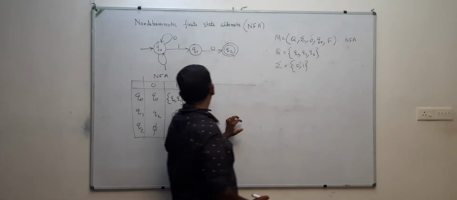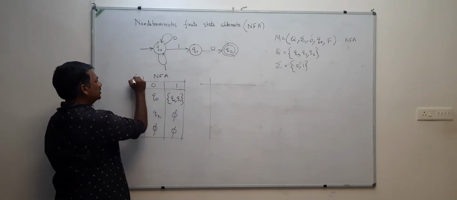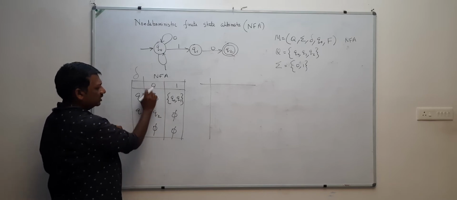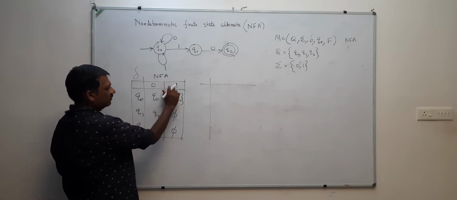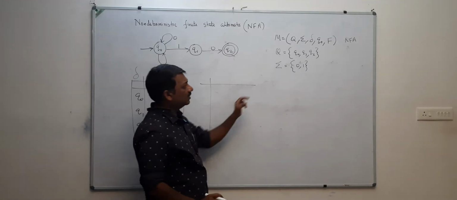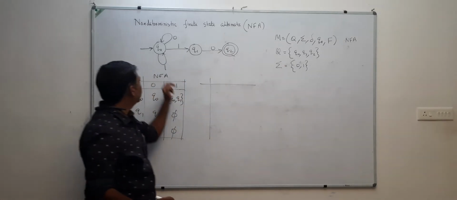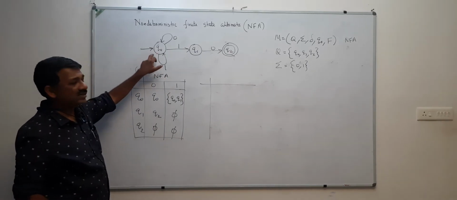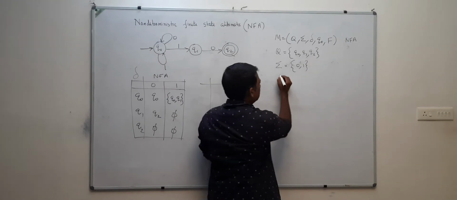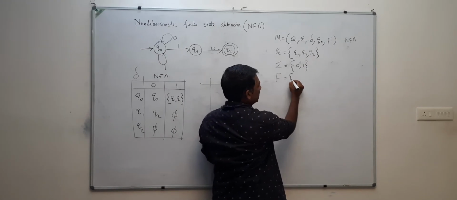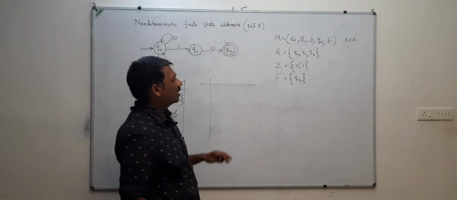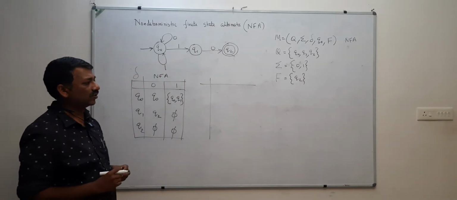And the transition function delta is defined by this: Q0 upon reading 0 is Q0, Q0 on reading 1 is Q0, Q1 and like that. Q0 is the start state for this NFA, and F is the set of final states, and in this case the final state is Q2 only.